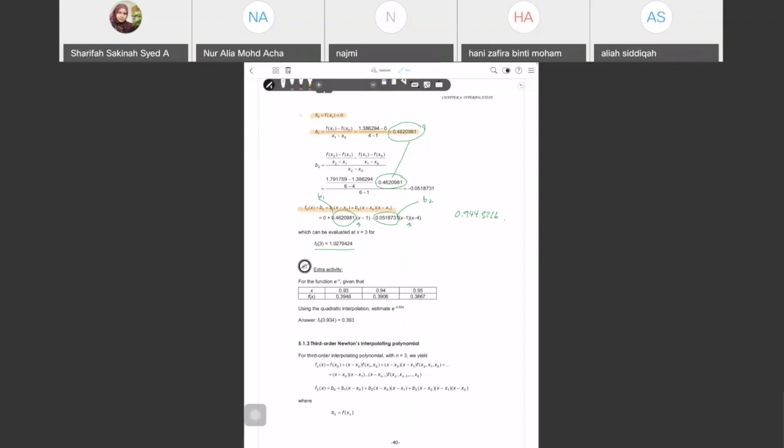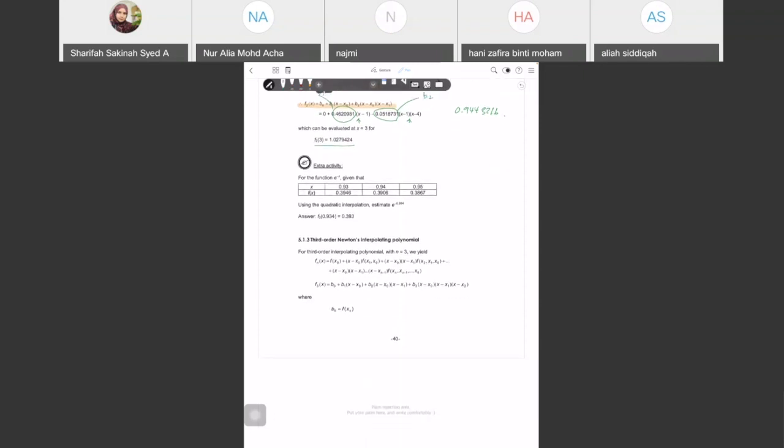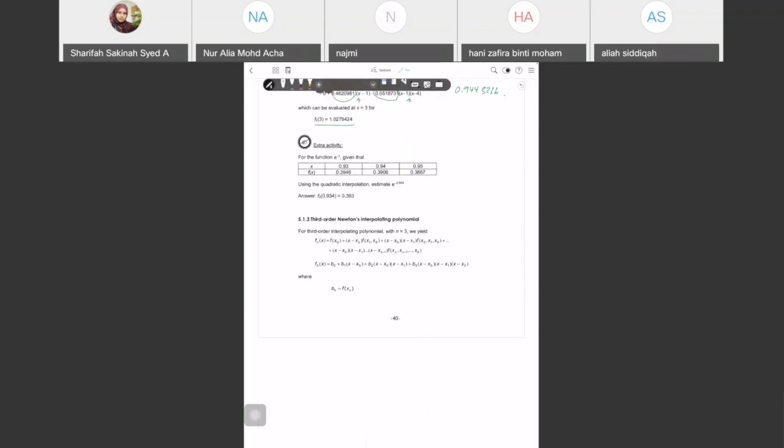Don't make silly mistakes. All right, I will give you some time later to do your extra activities, meaning that you try to redo it again, but right now using a different set of data points.